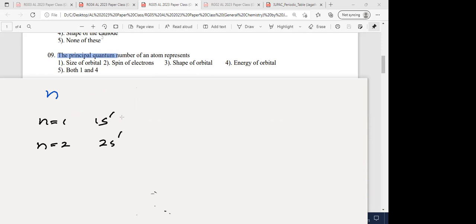The 2s electron has more energy than 1s. Is that clear, everyone? The energy of the electron increases when moving away from the nucleus. So if you take 1s this much, 2s will be what? The size will be more than that. It's common sense. 2s will be larger in size.